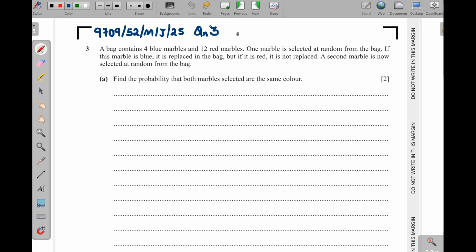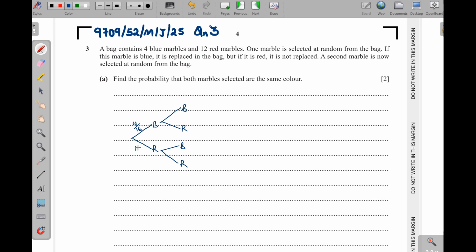Okay, now let's draw a simple probability tree diagram. So we have blue and then red, and then the next one can also give us blue and red. Also here, blue and then red. Now, probability of picking blue will be 4 out of 16, because the total will be 4 plus 12, right?